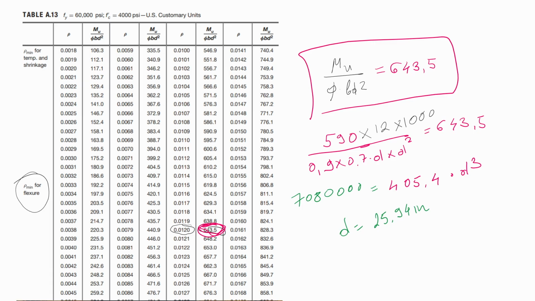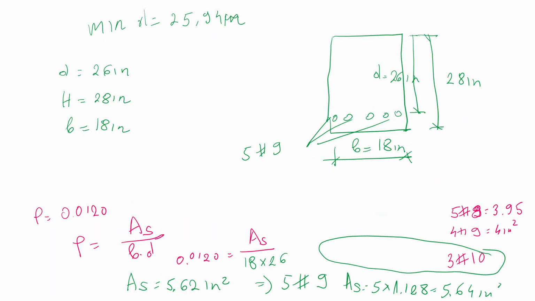So we can use instead of b 0.7 times d, and we have d square equal to 643.5. Solving this equation for d, we will get that minimum depth is 25.94 inch. So I'm assuming that d is equal 26 inch.